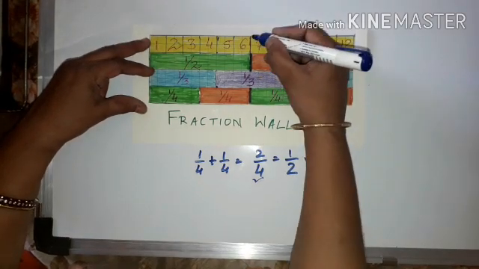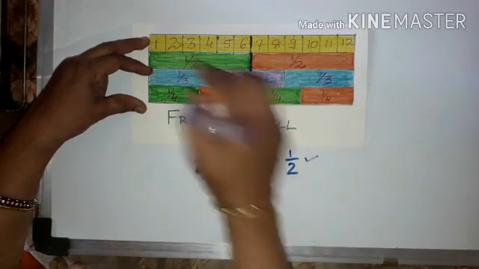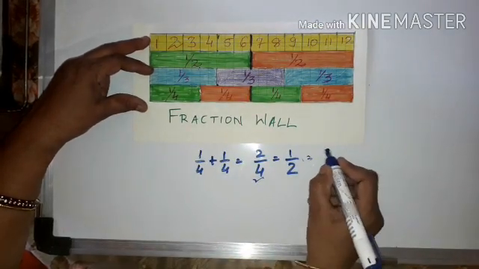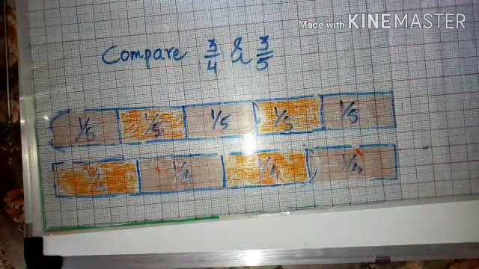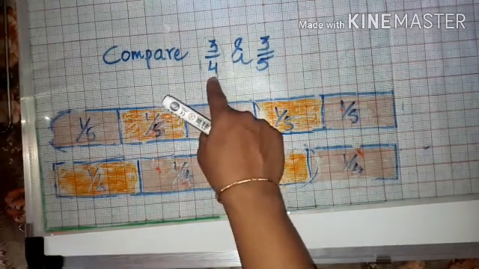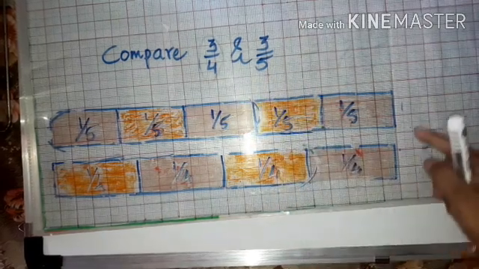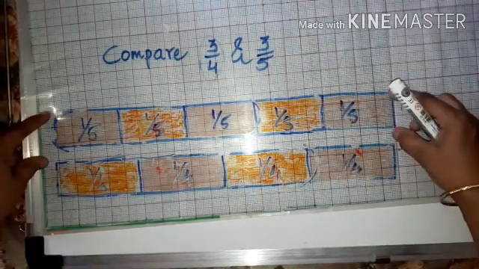Moreover, compare here also. Here also this line matches, that is, you will have this as 6/12. One more example we will see when the numerators are equal. See the question here. Compare 3/4 and 3/5. Here you can see 2 strips are made and the strips are of equal length.